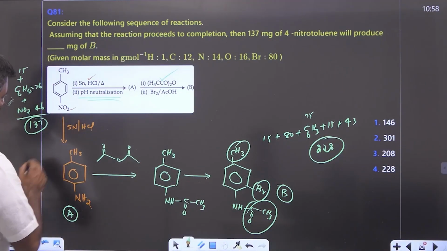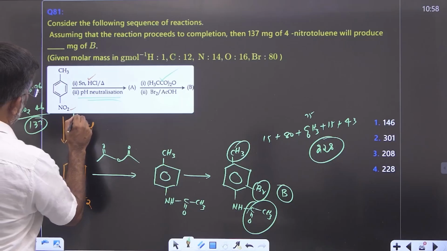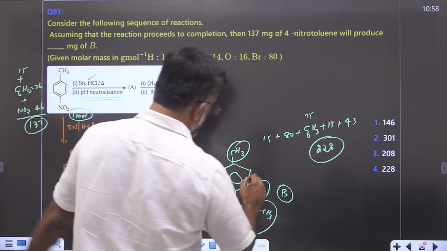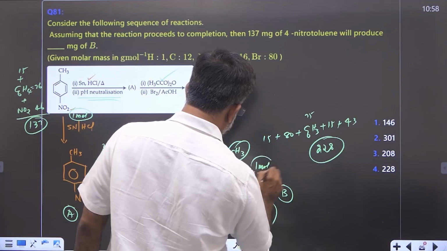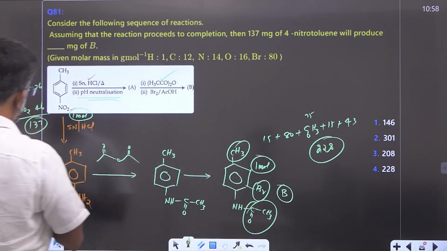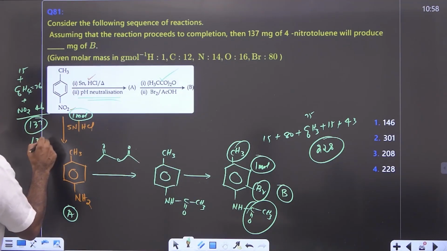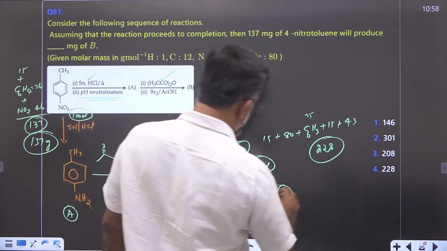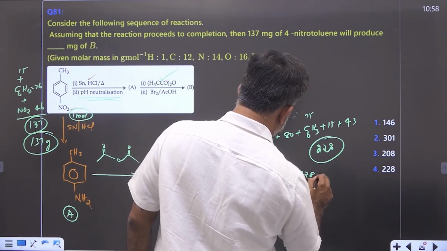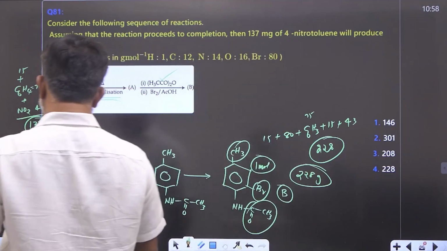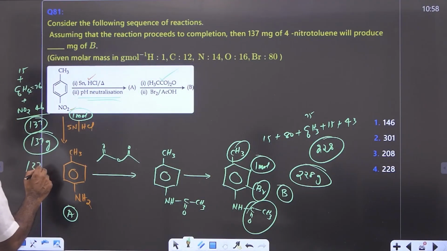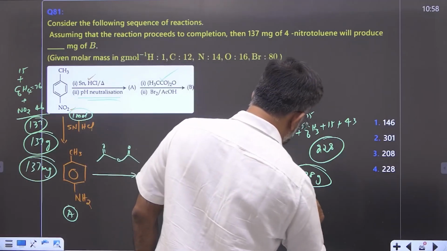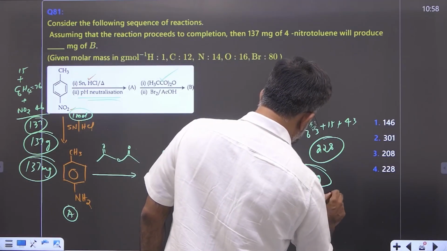Starting with 1 mole of this compound, you will end up with 1 mole of this compound. 1 mole of this means 137 gram. 137 gram of this will give you 228 gram of this. That means 137 milligram will give you 228 milligram.